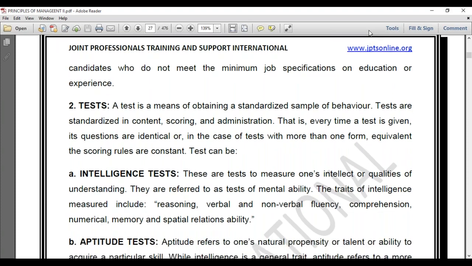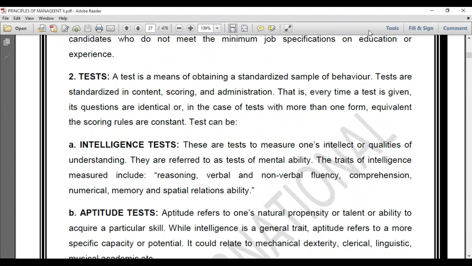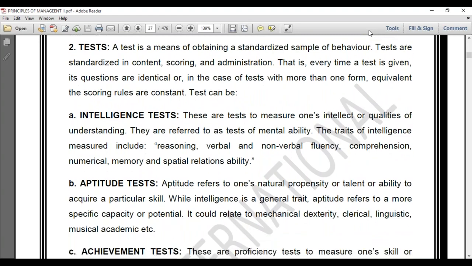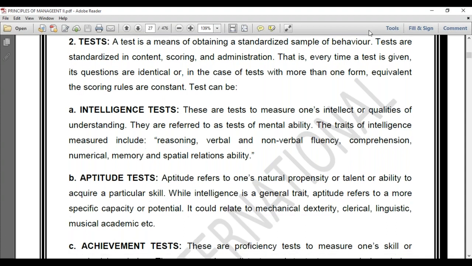And we have various kinds of tests for selecting people based on this approach. We have intelligence tests. This test measures your intellect, your qualities, your innate ability, your understanding as a prospective employee. We also have aptitude tests, which measure your natural propensity, your talent, your ability, especially your skills, the skills that will be required for you to perform in the job.